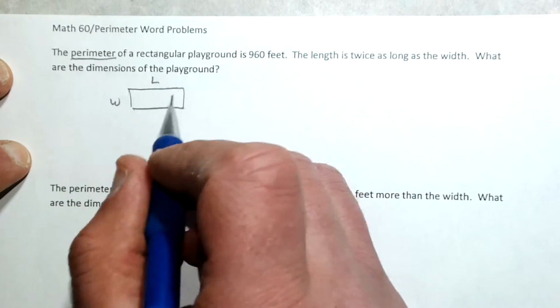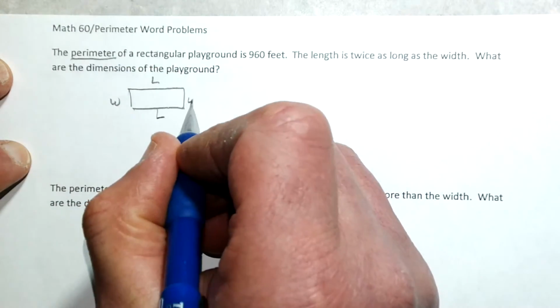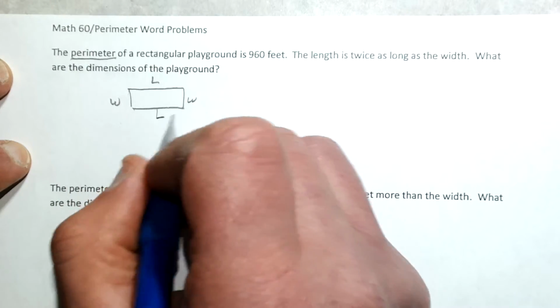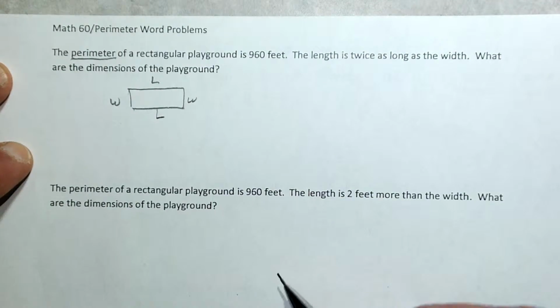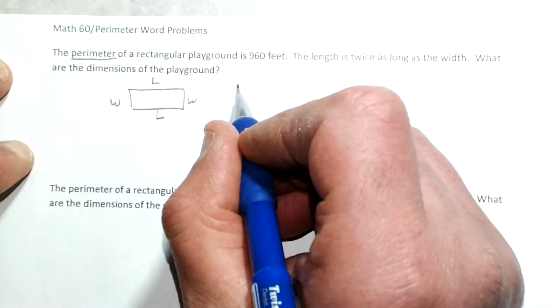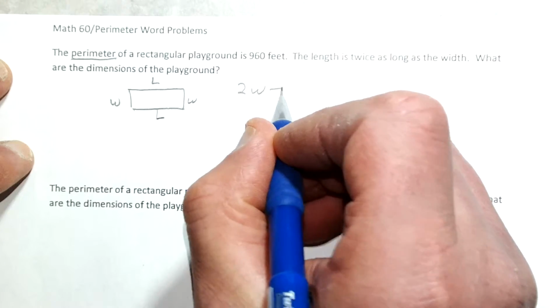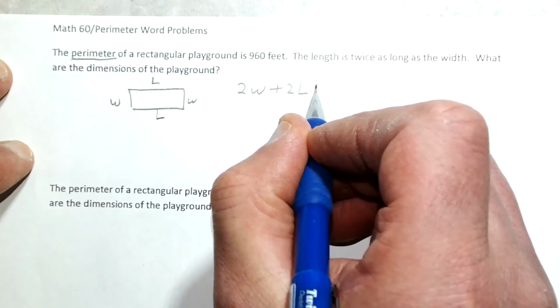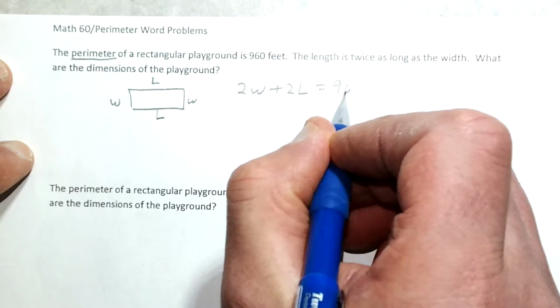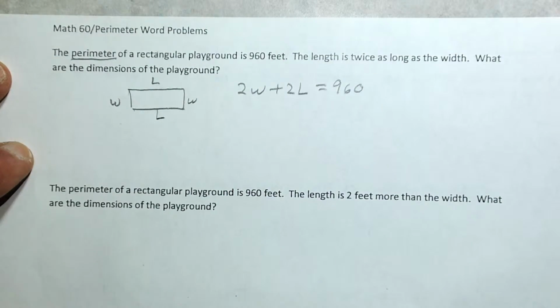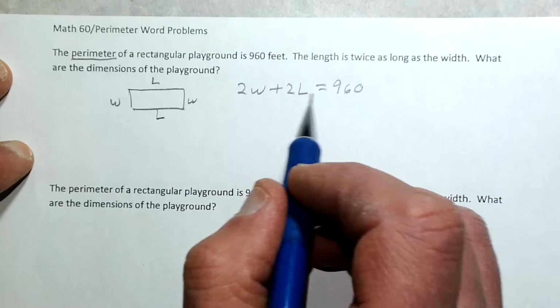Perimeter of a rectangle is two lengths plus two widths. That would be the distance around, and that is what perimeter is. So I'm going to start with two widths plus two lengths is a known value in this problem of 960 feet.